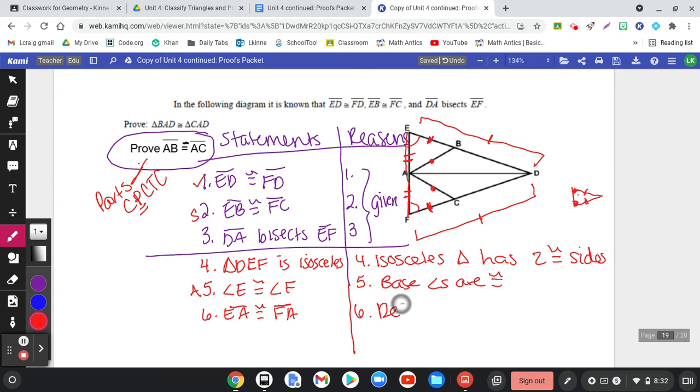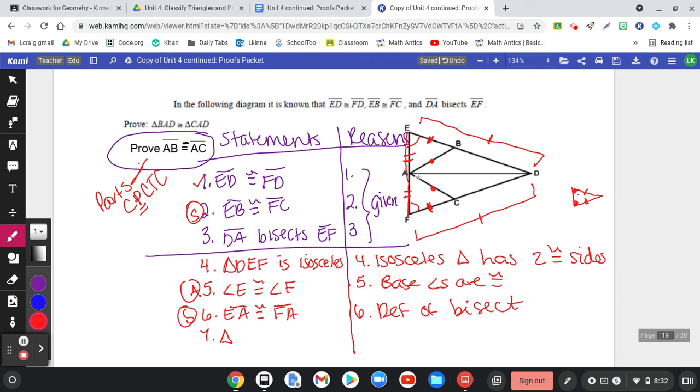And that's definition of bisect. And now look at what we have. We have side, angle, side. Here's our side, here's our angle, here's our other side. So we can say that those 2 triangles are congruent by side, angle, side.